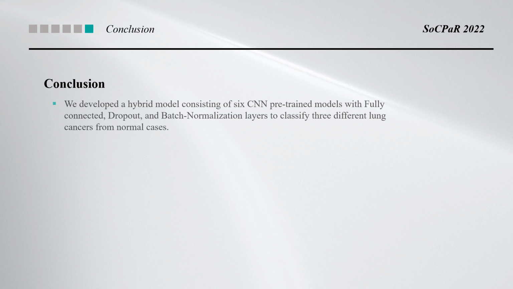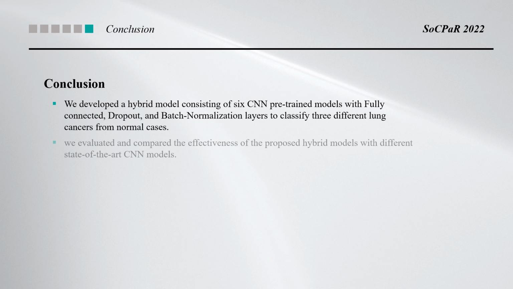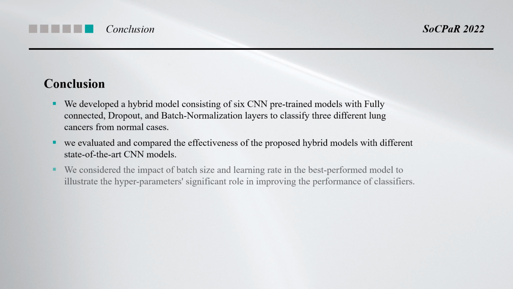Finally, to conclude our work, we developed a hybrid model consisting of 6 CNN pre-trained models with fully connected, dropout, and batch normalization layers to classify 3 different lung cancers from normal cases. Further, we evaluated and compared the effectiveness of the proposed hybrid model with different state-of-the-art CNN models.